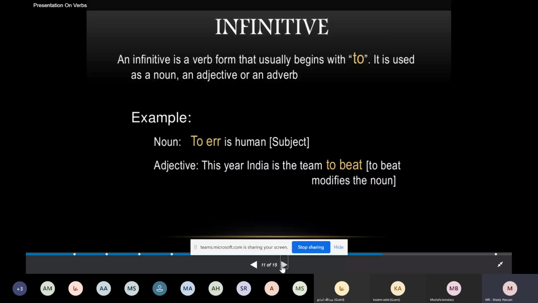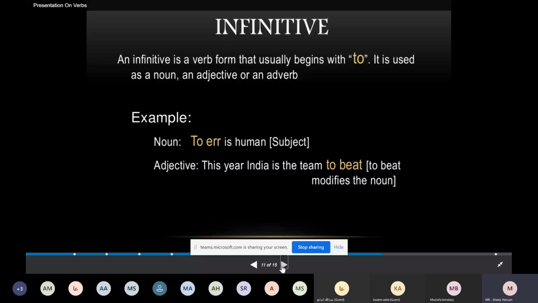I'm asking about the subject of this verb, the doer of this verb. Human? No. Human is the predicate. To err? No. Actually, the subject in here is vague. We don't know who is the subject for this sentence. That's why it's an infinite verb or non-finite verb.